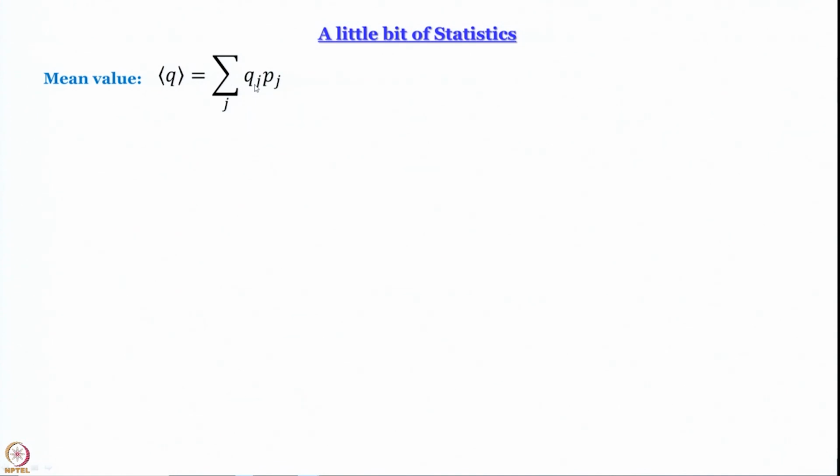Probability, if we might remember, is nj divided by sum over j nj, where nj is the number of occurrences of the jth event, and the sum over j nj means the total number of measurements, total number of occurrences.